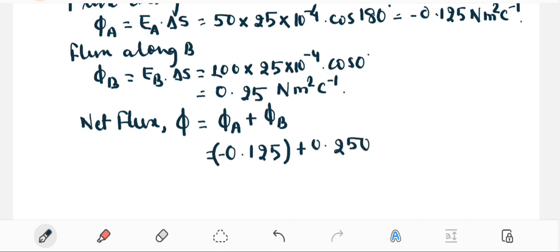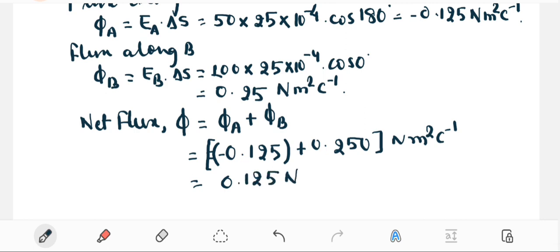Overall the unit is Newton meter square per Coulomb, which is equal to 0.125 Newton meter square per Coulomb. So this is the net flux.